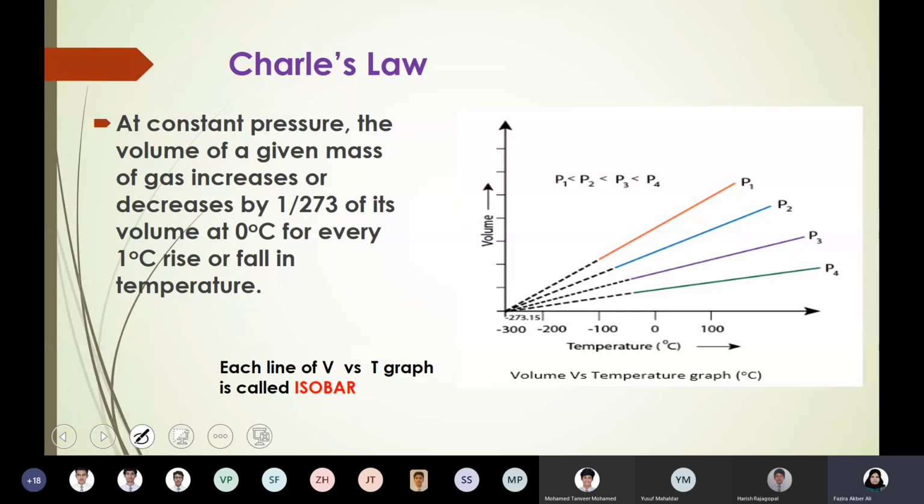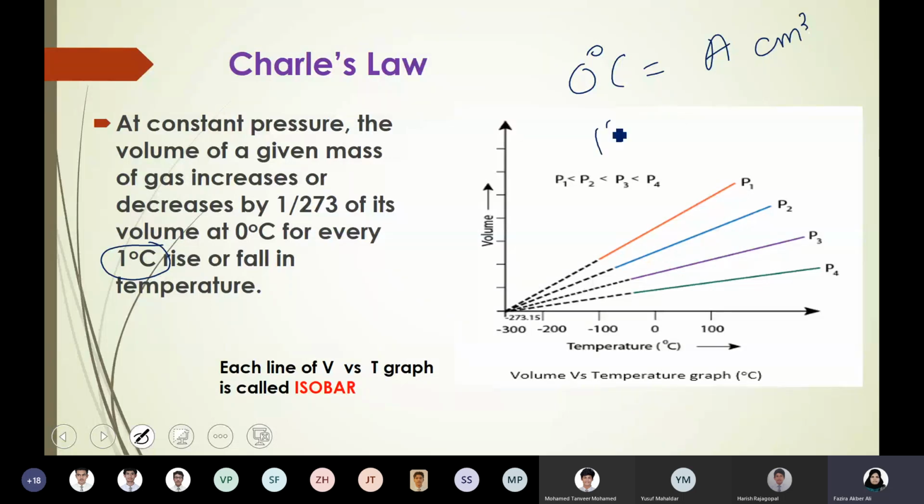That means if you are increasing or decreasing the temperature of a system by 1 degree Celsius at a time, then the increase or decrease in the volume will be 1 divided by 273 of its volume at 0 degrees Celsius. For example, say A was the volume, in centimeter cube or decimeter cube, whatever. I'm just taking an example.